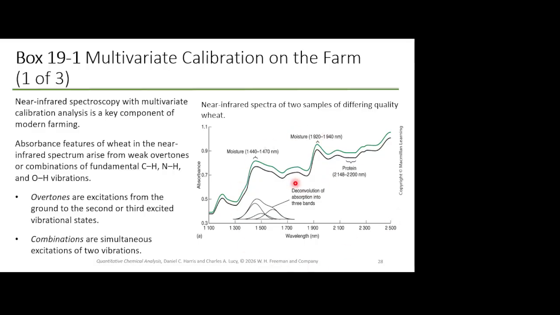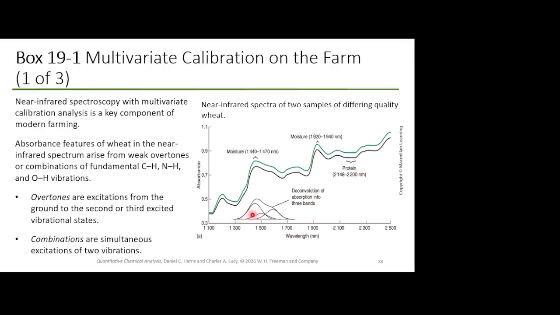This right here is a near-infrared spectra with multivariate calibration analysis for key components of modern farming. You have your spectra right here, and these are different components that we've identified, at different nanometers.